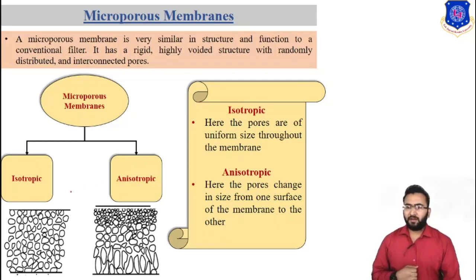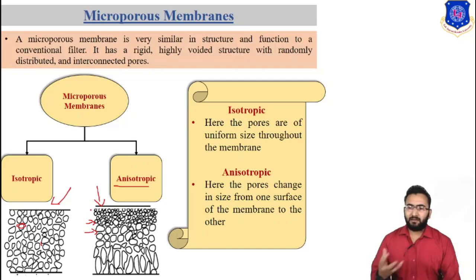So this is one example of the isotropic membrane, and this is one example of an anisotropic membrane. In an isotropic membrane, the pores are uniform, or nearly uniform, in arrangement, whereas in an anisotropic membrane the pores are different in shape.